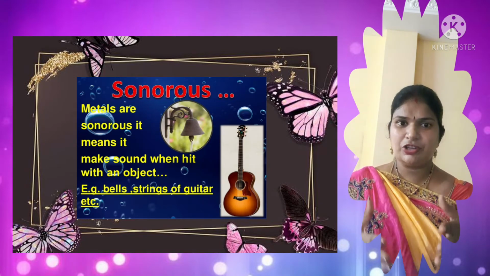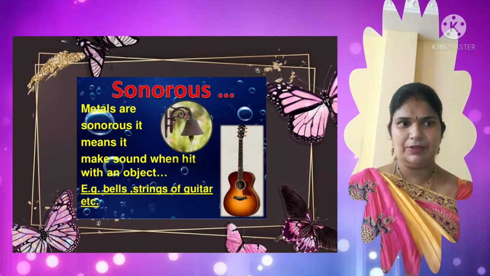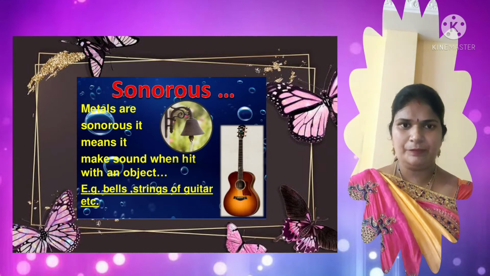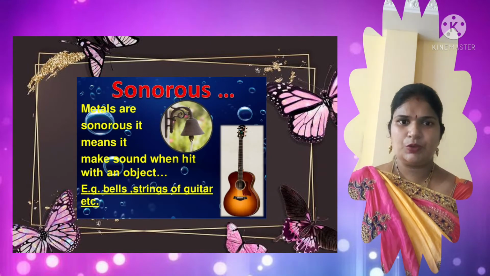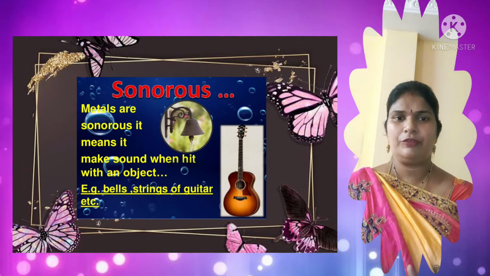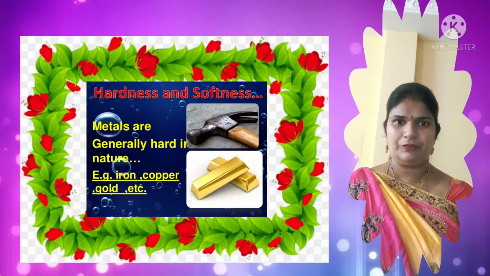Based on this property only, we have different types of bells, like the electric bell and the spring of a guitar. Yes or no? Okay, understood, children? So that is called the sonorous property of metals.